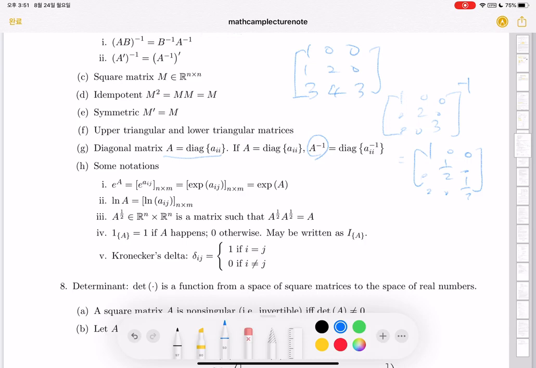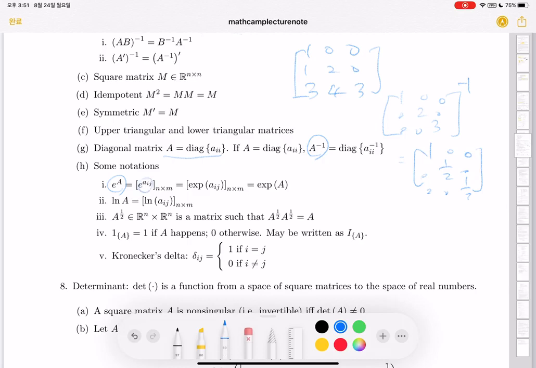I'm going to use this notation, e to the power A. E to the power A is just a notation. It doesn't mean anything else. It's just a notation: the exponential of every element.